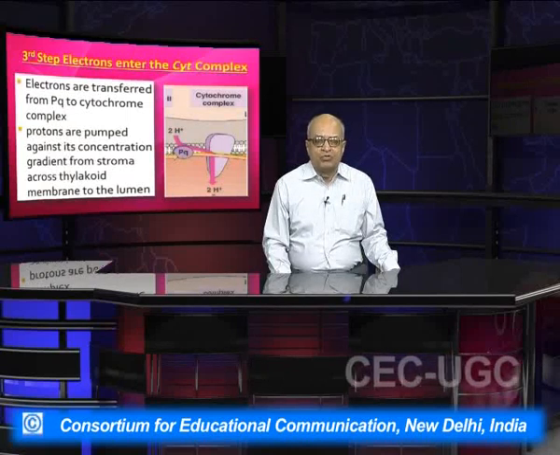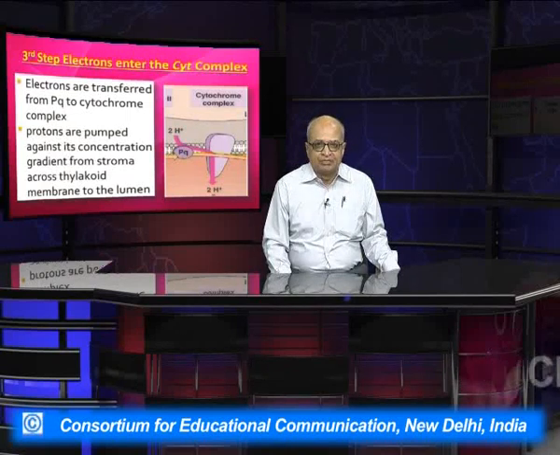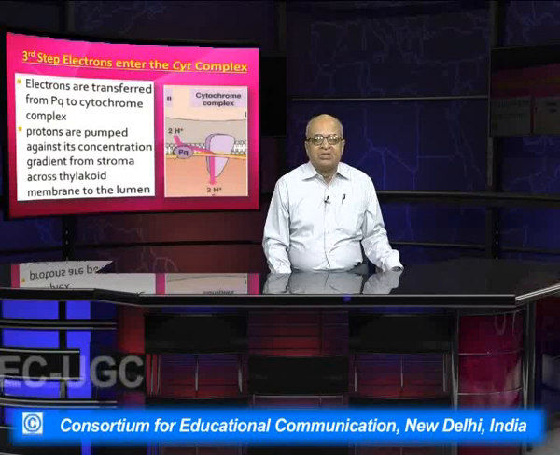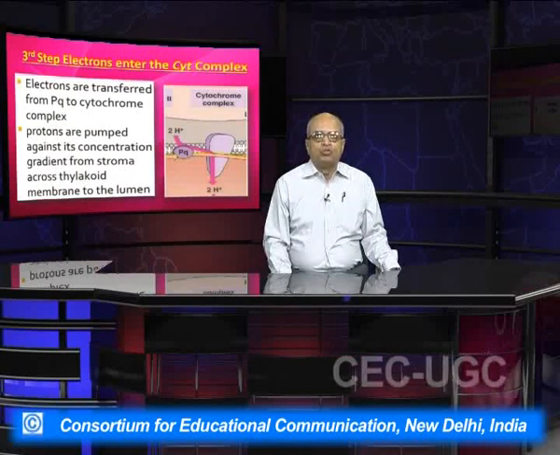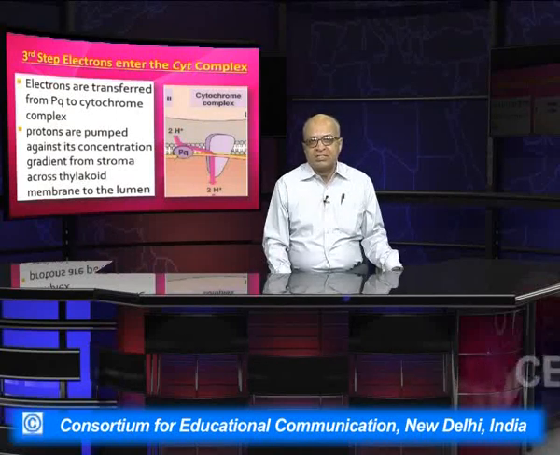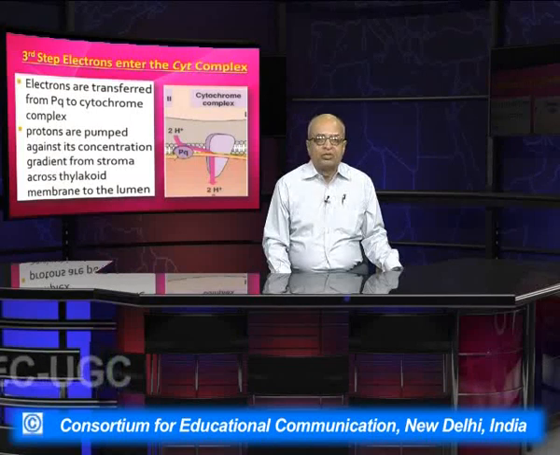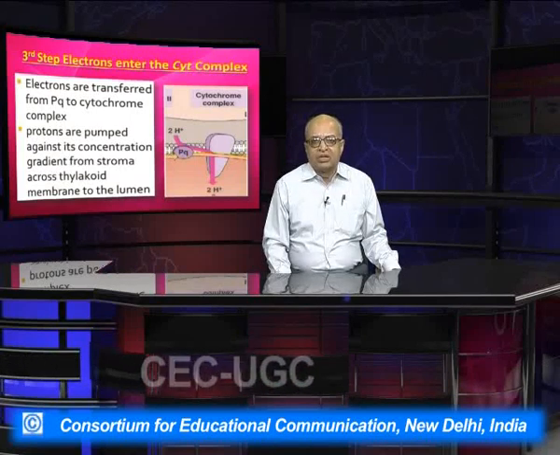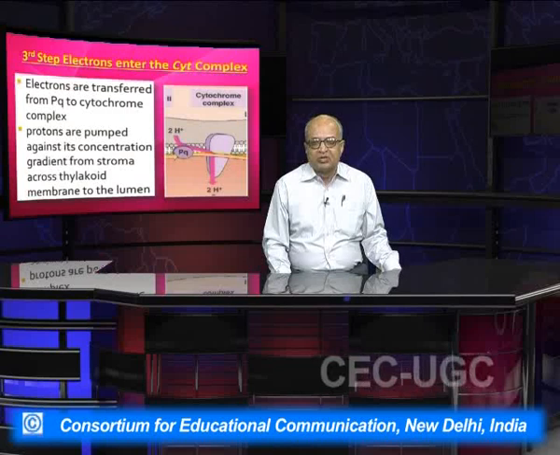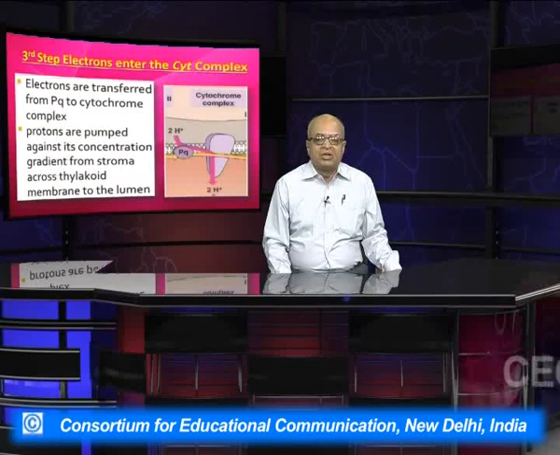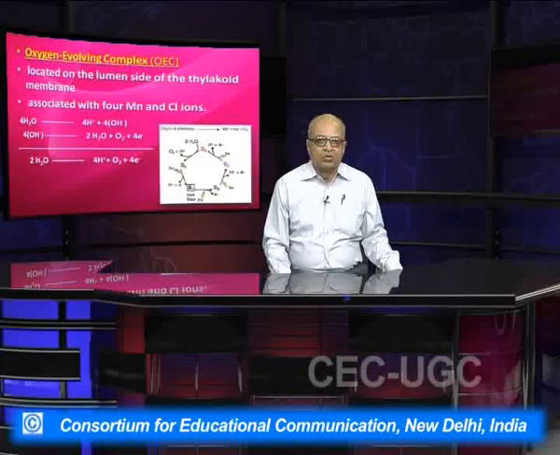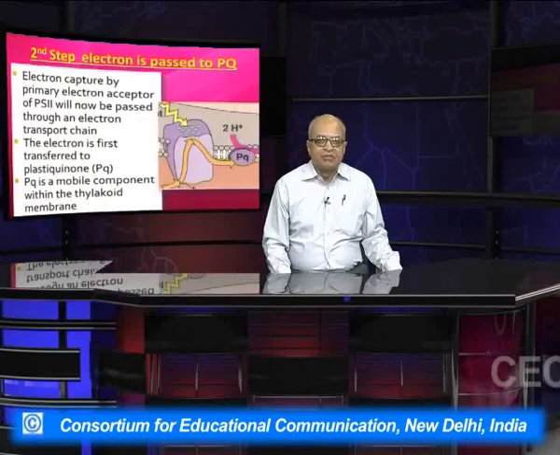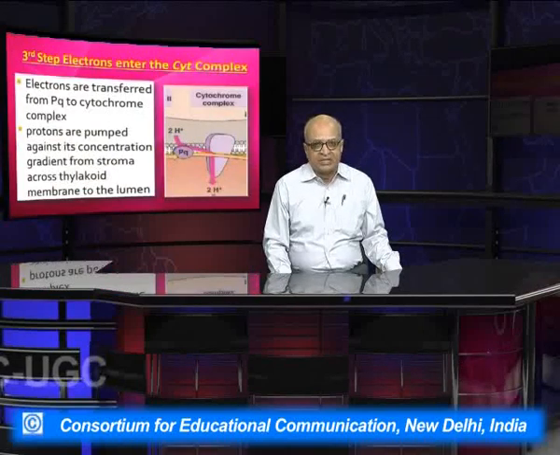And while going from one cytochrome to the other, we find that so much of energy is lost, which is sufficient to pump the protons against the concentration gradient from the stroma across the thylakoid to the lumen. So, that means more and more of the H ions enter the lumen, therefore, the pH is lowered further. This is the basic idea of the second step.